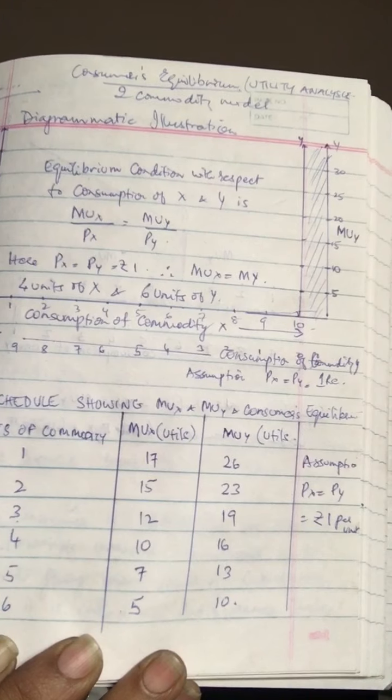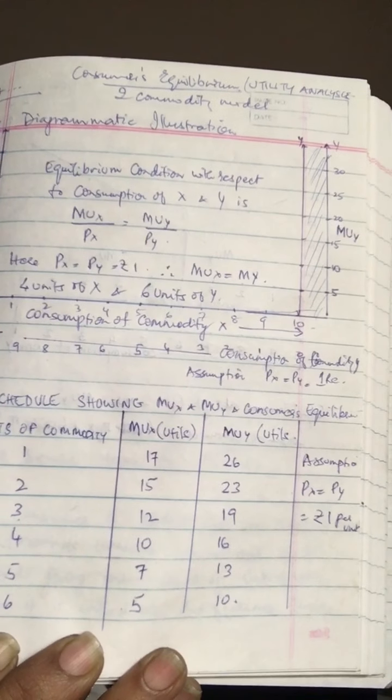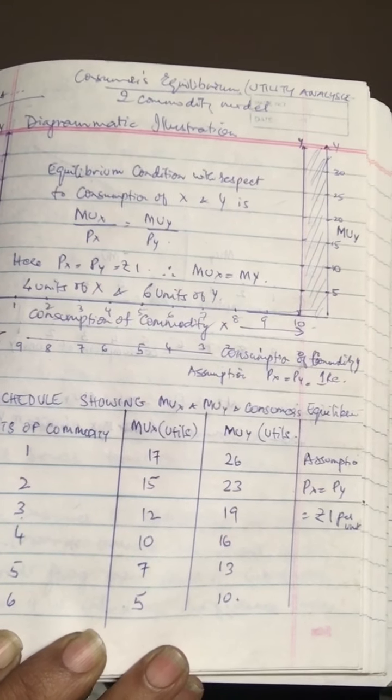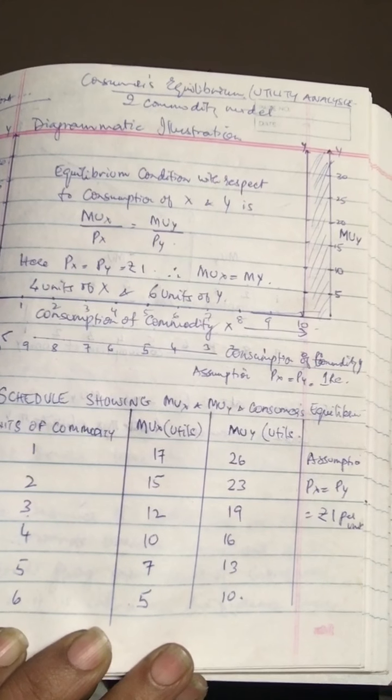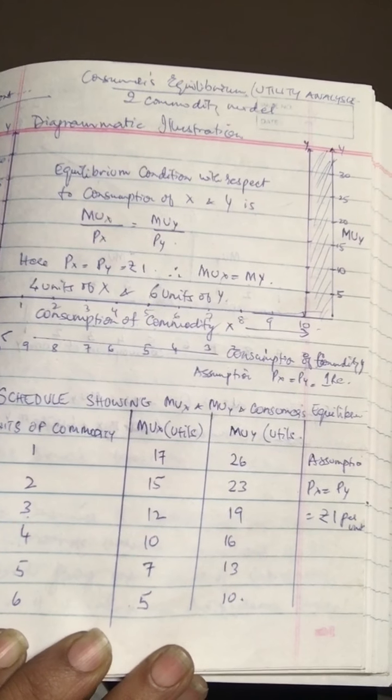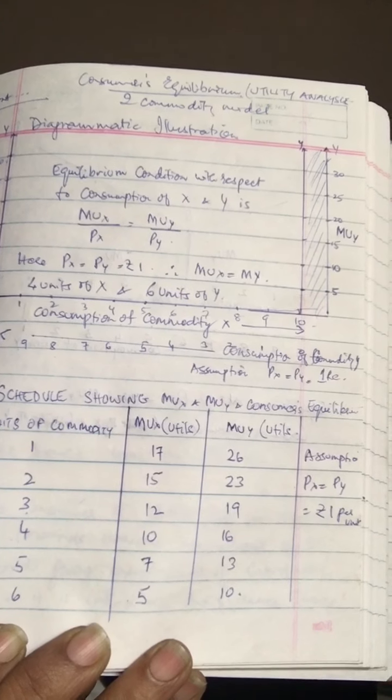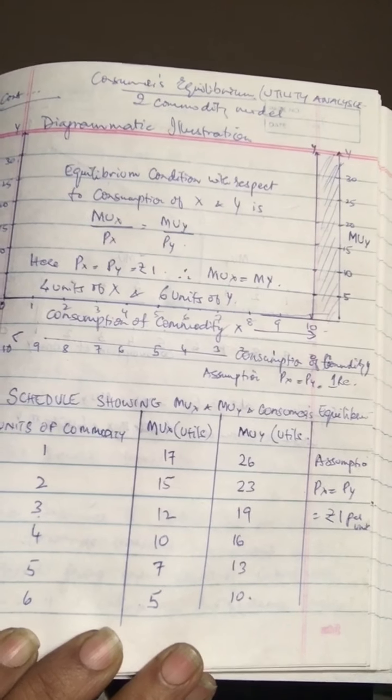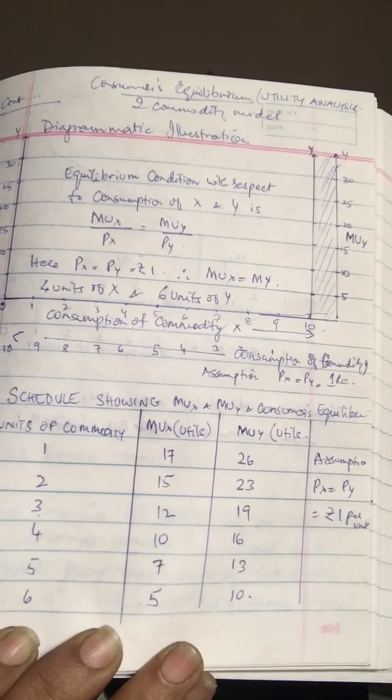Suppose this consumer has 10 rupees to spend, and each commodity he can buy, x or y, is for rupee 1 per unit. So we will see how many of these he will purchase.